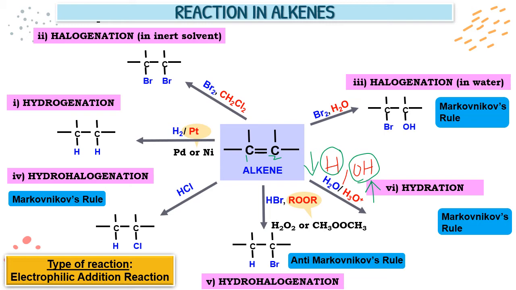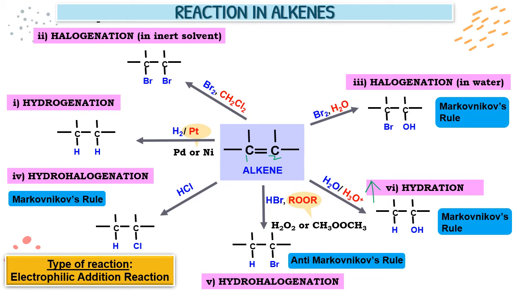So with that in mind, the hydrogen will go to the carbon with more hydrogen atoms and the hydroxyl group will go to the other way around. Okay, so that will be the product. And lastly, these are the 6 reactions.